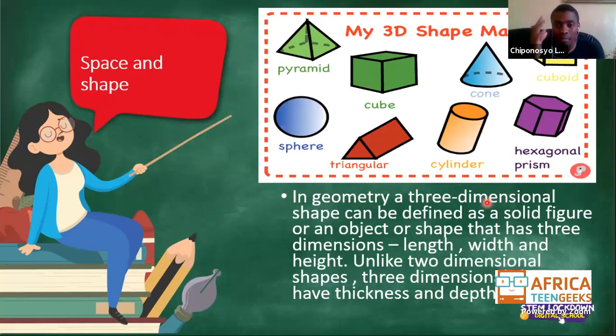They have 3 dimensions. 2D only has length and width. Now when we're looking at 3D, it has length, width, and height. This is 3D. It's called thick because it's a solid shape.